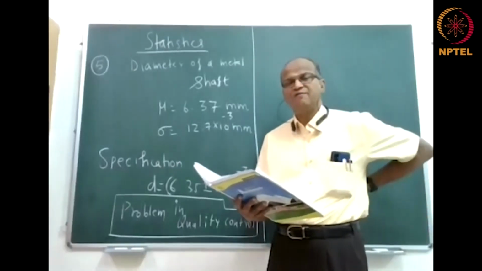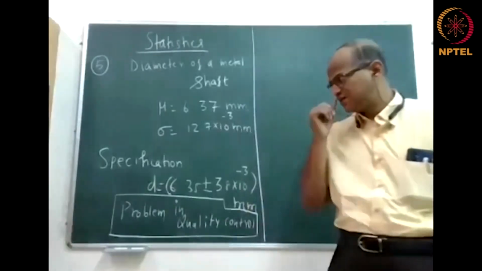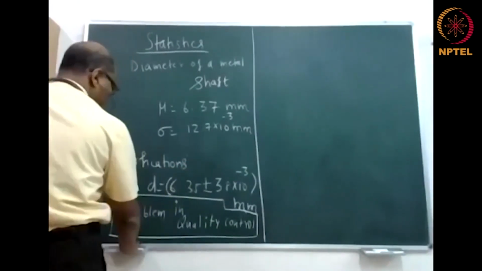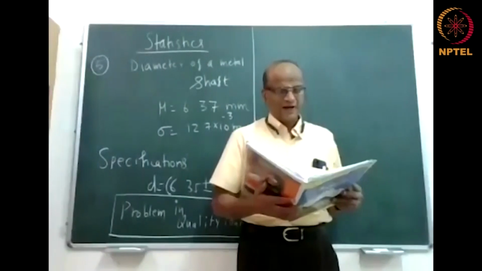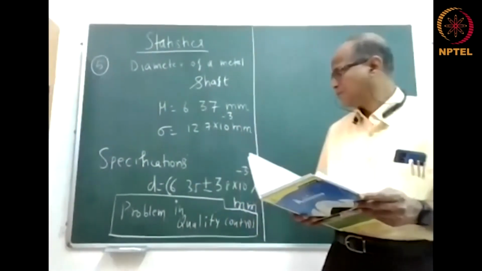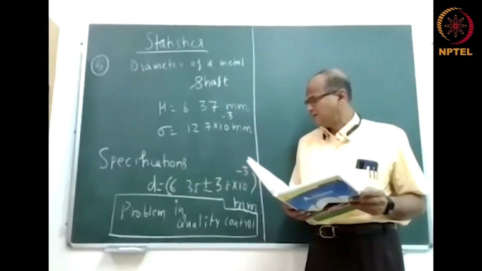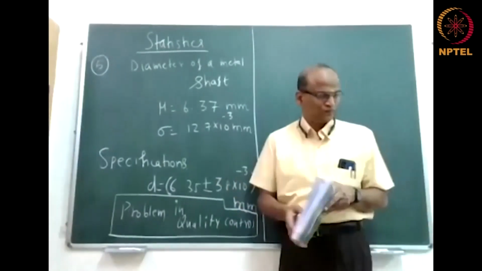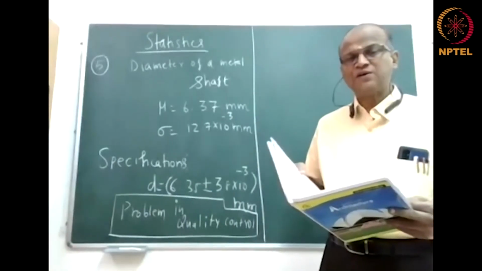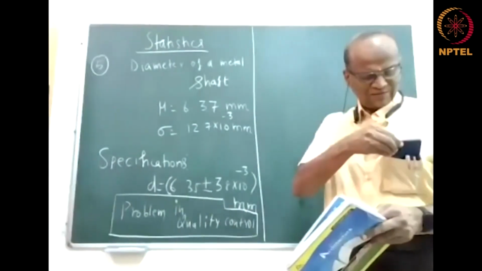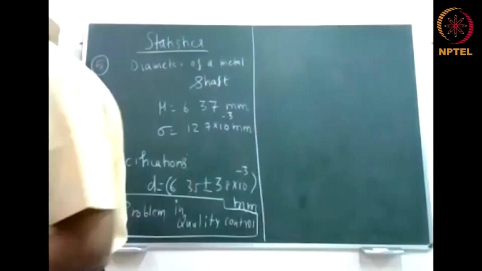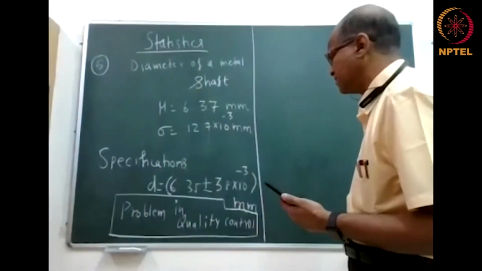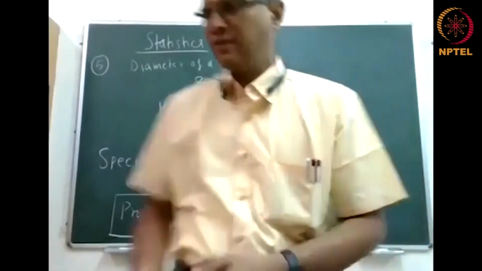The specifications on the shaft have been established as 6.35 plus or minus 38 into 10 to the power of minus 3 millimeters.